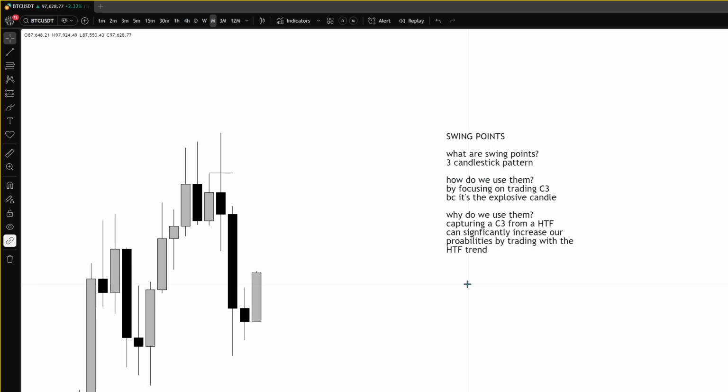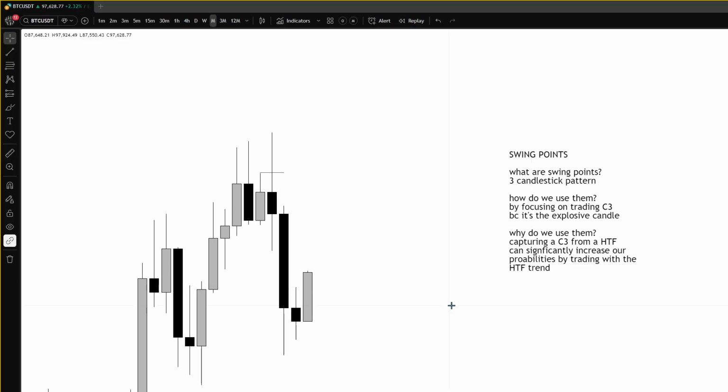Okay, so back to the chart. If you already know what a swing point looks like, what I'm telling you now is an extra layer. If swing points are made up of 3 candles, and we know that if we look into the charts, every single pronounced move that we would potentially be interested in is going to come from a swing point.